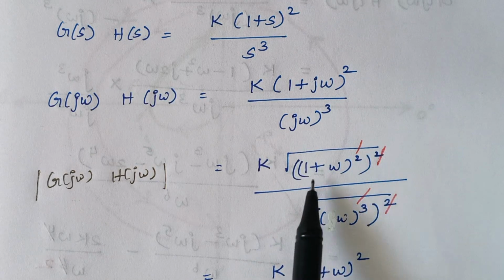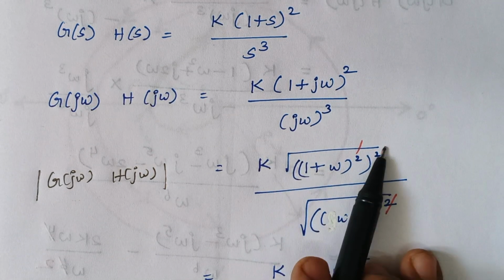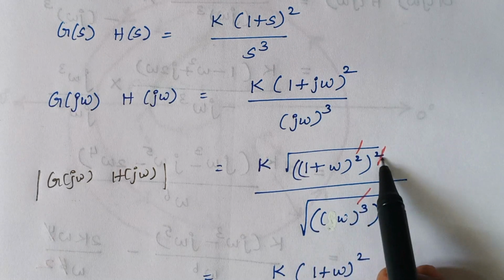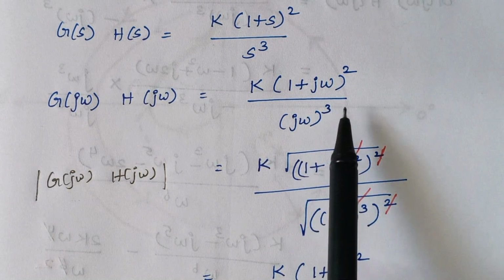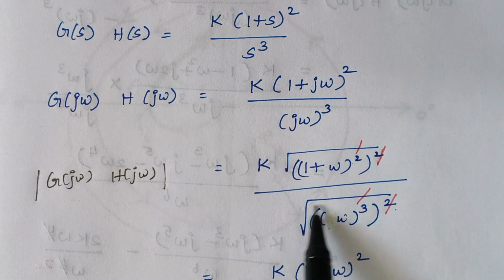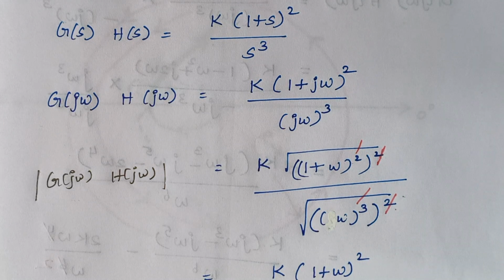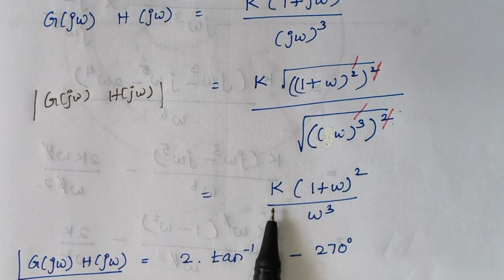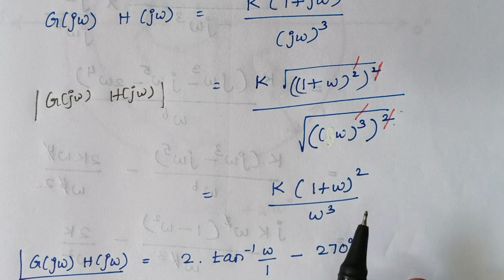So square root of (1 plus omega squared) to the power square, and again we take a square root. This square and square root cancel each other. Similarly, omega cube whole square, and again I take square root, and these two terms cancel each other. Finally, the expression is K into (1 plus omega squared) divided by omega cube.